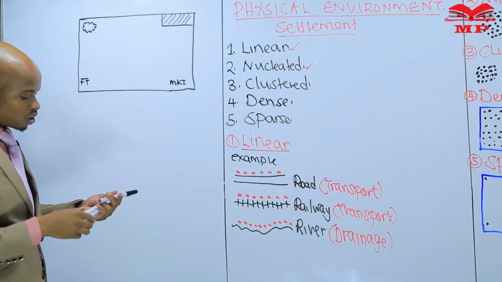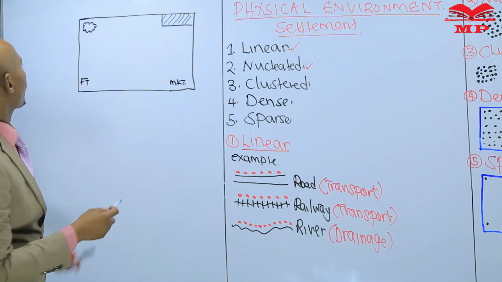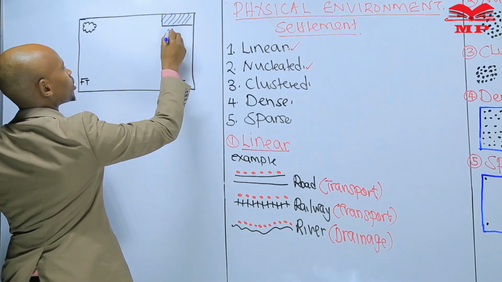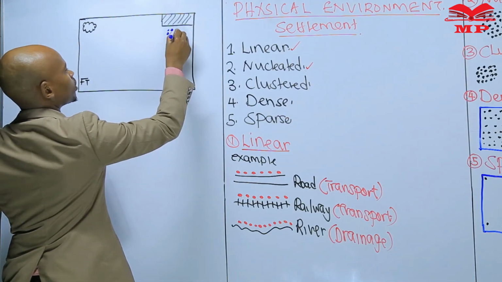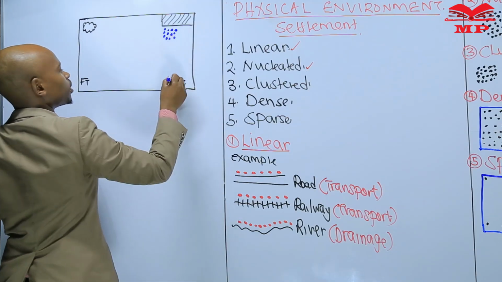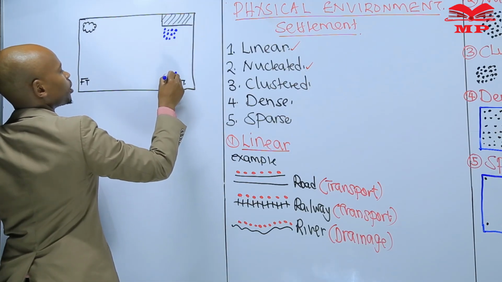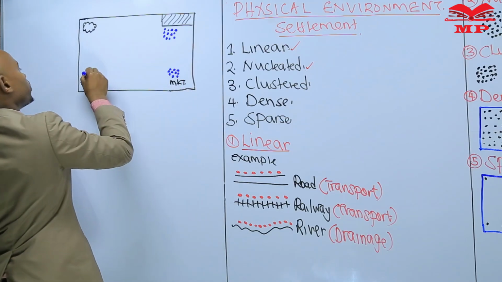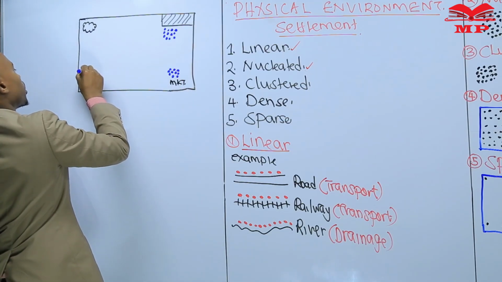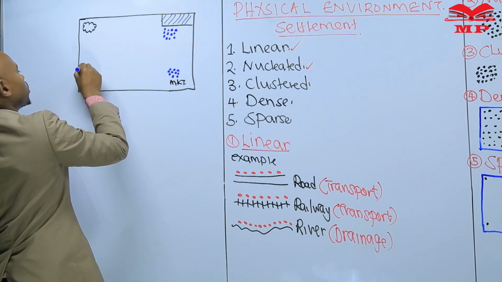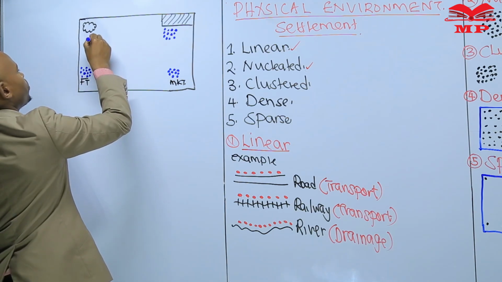Just an example, I want to show you something. Now, if there are people that are assuming this kind of settlement here, there are other people around here. There is another group of people here. There's another group of people here.